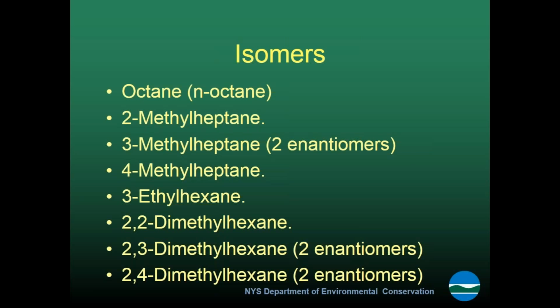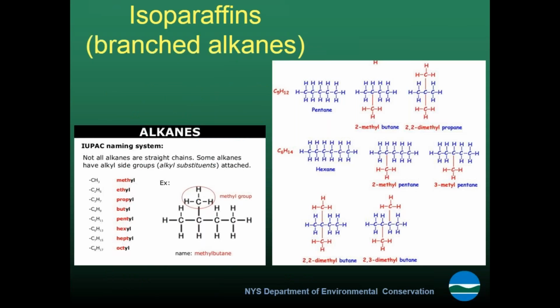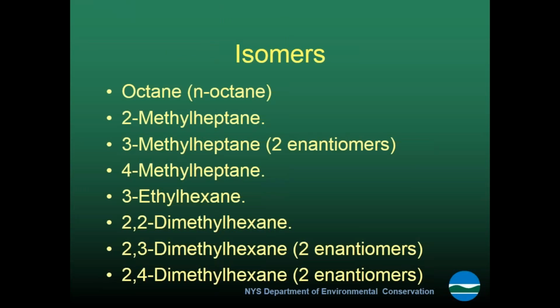As long as you've got 8 carbons there, that would still be an octane. So understanding the similarity between branched alkanes and isomers of an alkane is how you get all these different synonyms for one organic molecule. You can have dozens and dozens of different names for these isomers and branched alkanes.